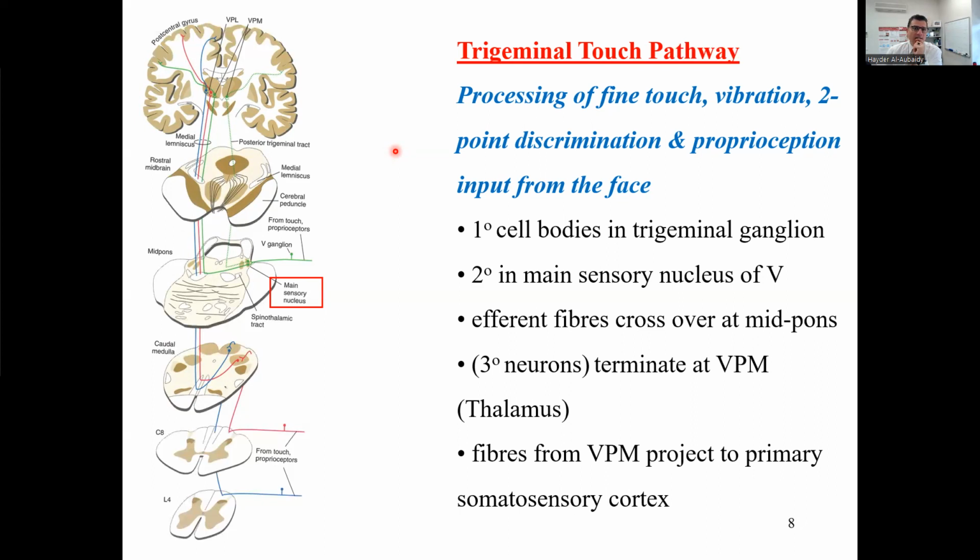So the neuron should be ending at which side or which surface of the primary somatosensory cortex? Lateral. Lateral? Yes, Serena. So which lateral? Like superior lateral or much more lateral?